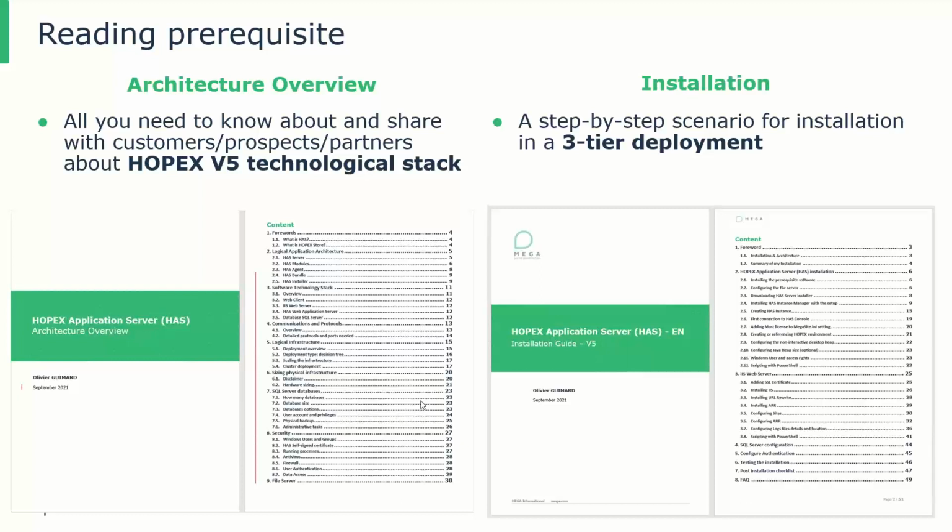You'll find in this document some explanation of how to size the infrastructure for the servers. And in the installation guide, you'll find an explanation of how to deploy v5 and also how to configure IIS. During this presentation, we'll have an overview of each of those items, but there are obviously much more details in the documentation that you can have a look at.